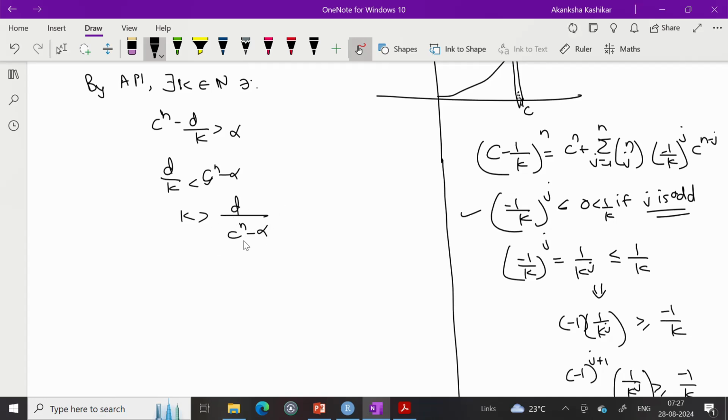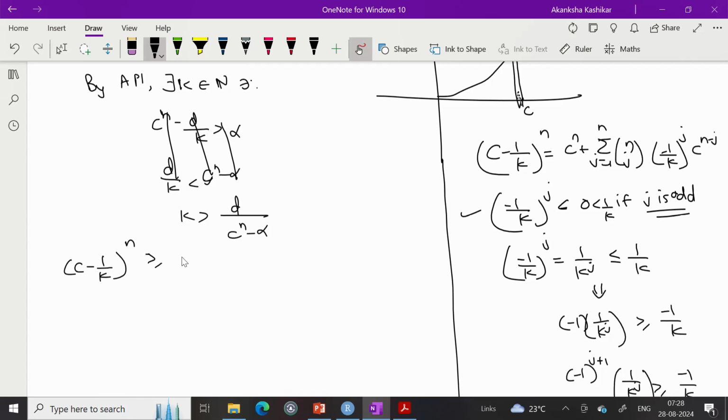What guarantees that? Because this basically says that d/k should be less than c^n - alpha, that is k should be greater than d upon (c^n - alpha), and I can always find that because now my c^n is larger than alpha, so I can always find k.